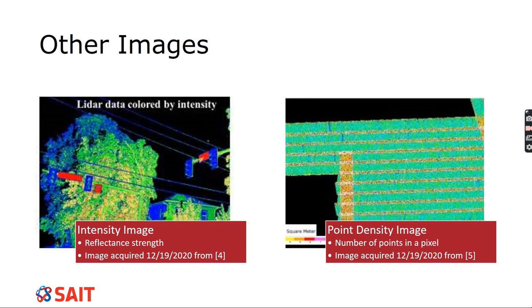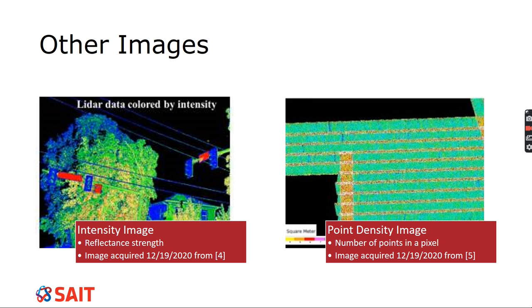So there are other kinds of images. Two of them that I mentioned were an intensity image and a point density image. Intensity images talk about reflectance strength. A lot of times you'll see anything closer to the scanner is going to have a higher intensity. Anything further away is going to have a lower intensity. In airborne, the same can happen.